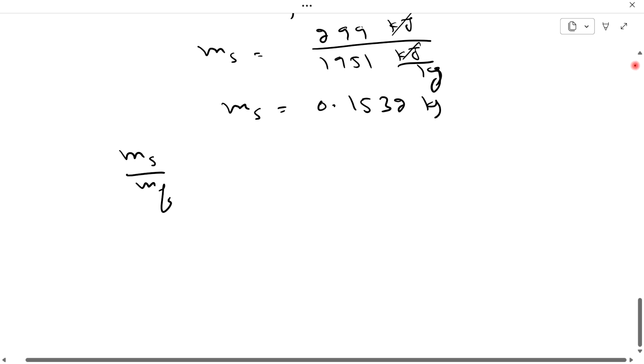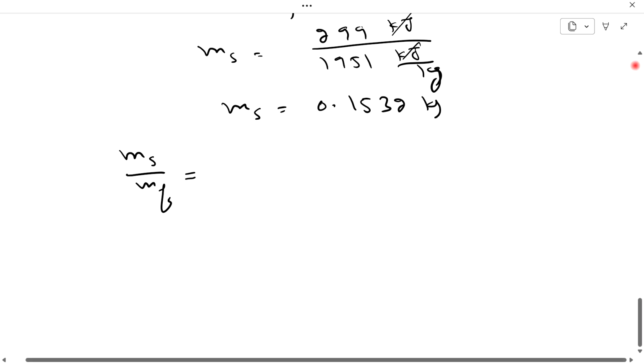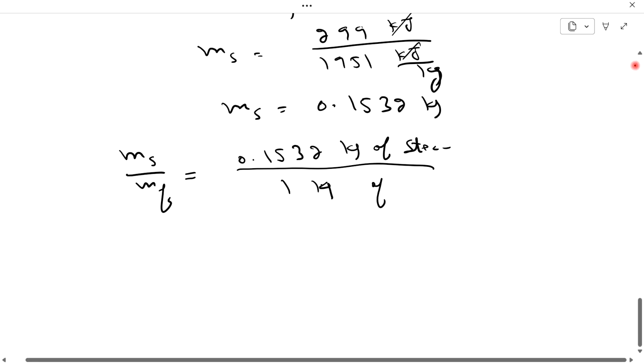So we are required ms divided by mf, the mass of steam entering the feed heater divided by unit mass of feed water exit. So this will be equal to 0.1532 kilogram of steam entering the feed water, and unit mass means 1 kilogram of feed water exit.